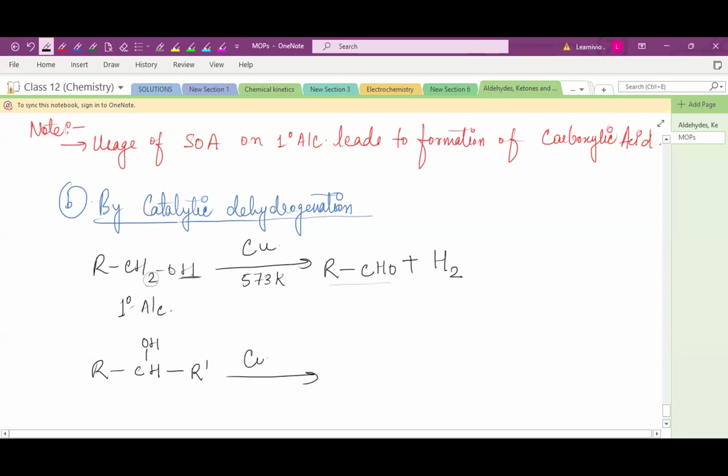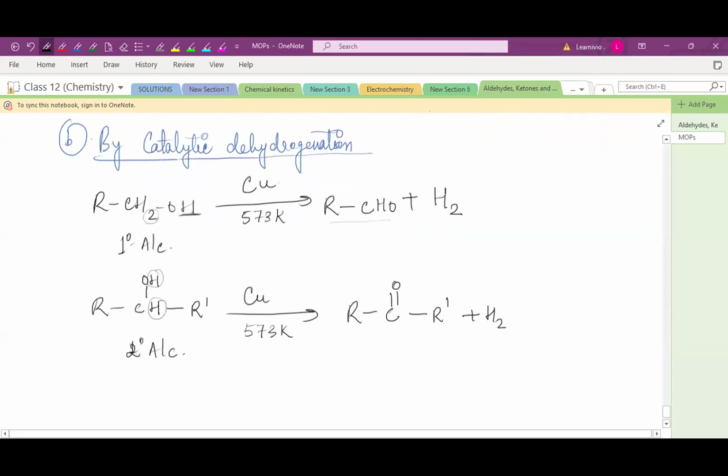Secondary alcohol on catalytic dehydrogenation, the mechanism will be the same. You have to remove one hydrogen from this OH and one hydrogen from here. When you remove this, you will get the ketone: R, C double bond O, and this is your R dash, plus H2. Clear?